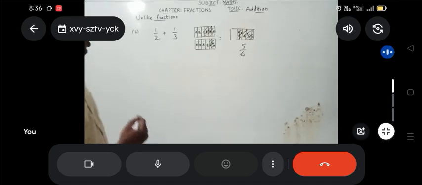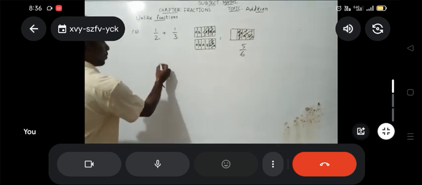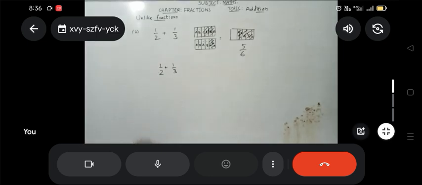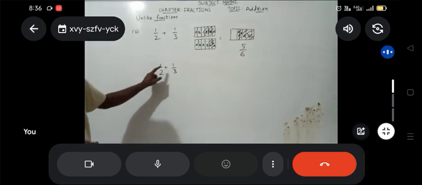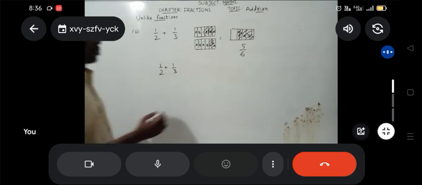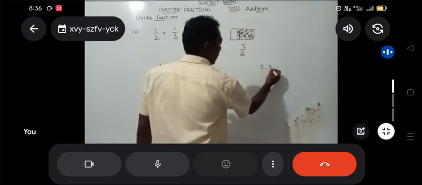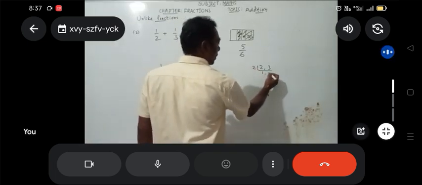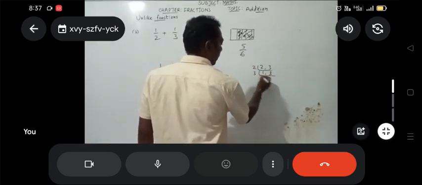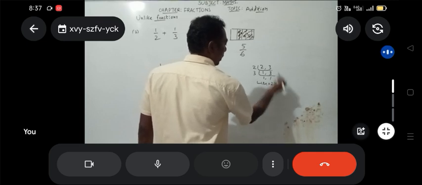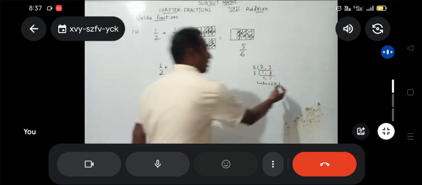So how to solve 1 by 2 plus 1 by 3? When you observe, the denominators are different. So find the LCM of 2, 3. By 2 you can divide once, 3 as it is, 3, 1. The LCM is 2 into 3, 2 threes are 6.